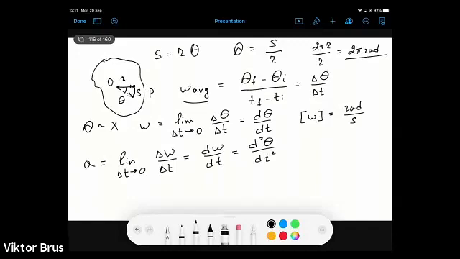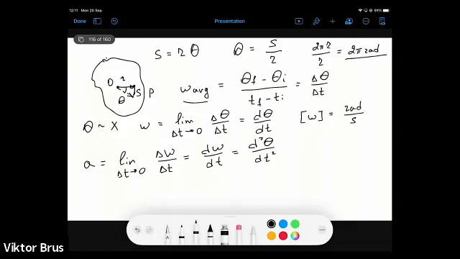Let's start with the angular velocity vector. It is always pointed perpendicular to the plane of rotation, so it's always along the axis of rotation. According to the right hand rule, or the right-handed screw rule, you define the orientation of the angular velocity vector.